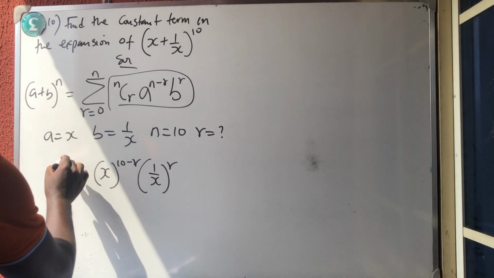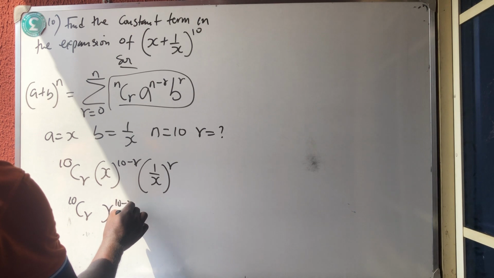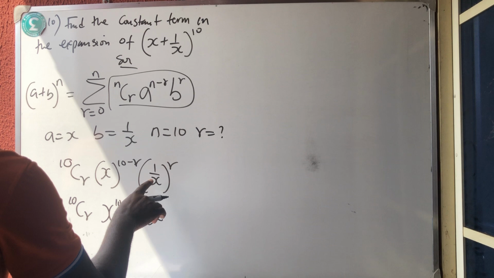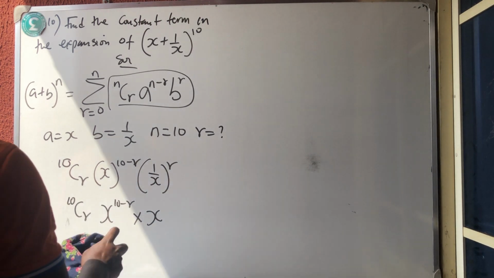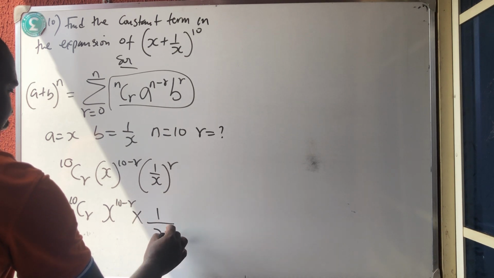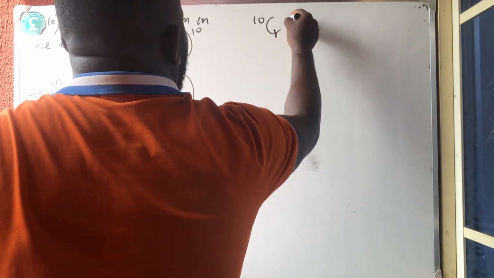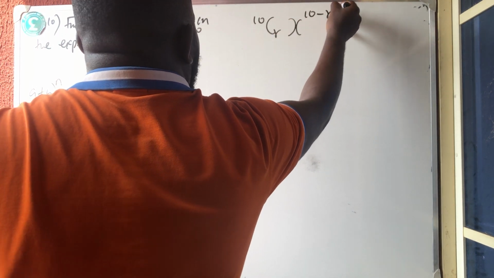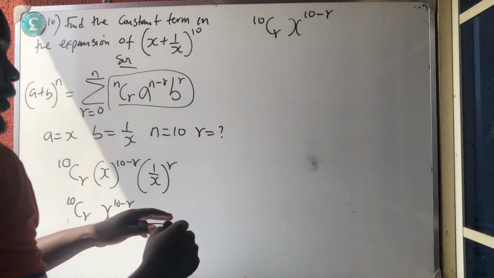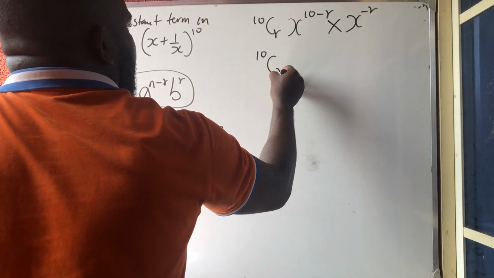So this is 10 combination r, x raised to power 10 minus r, times 1 over x raised to power r. If you want to remove 1 over in indices, the power will now be minus, so it is times x raised to power minus r. So this is 10 combination r.